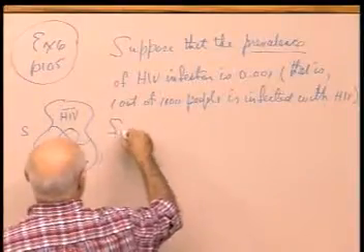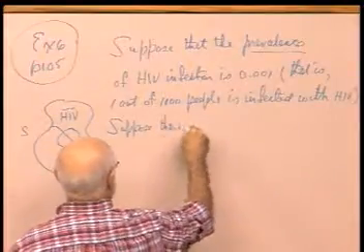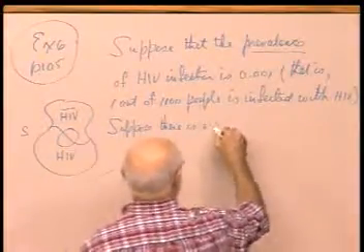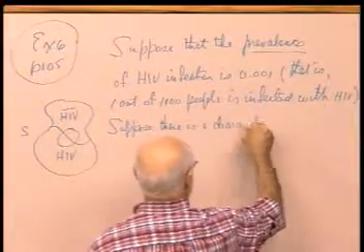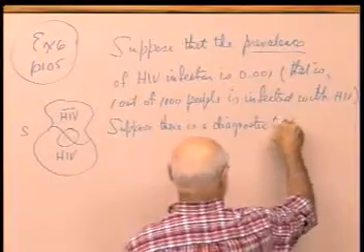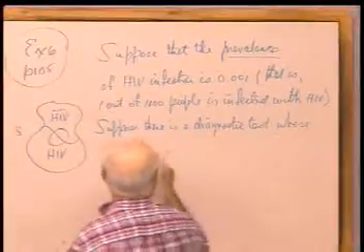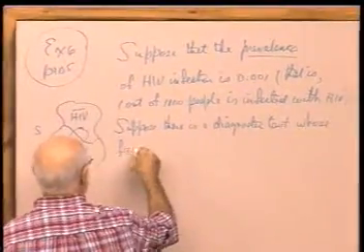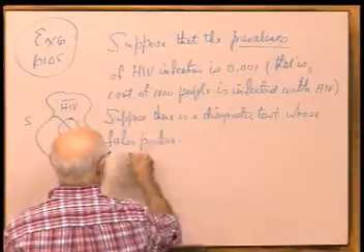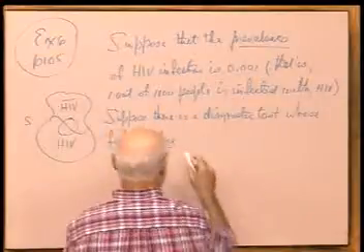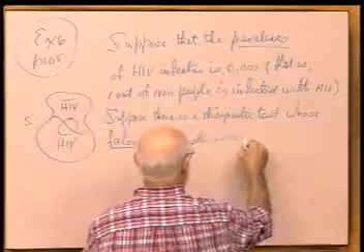Suppose there is a diagnostic test whose false positive rate, okay, so this is another technical term like prevalence, is 0.009.